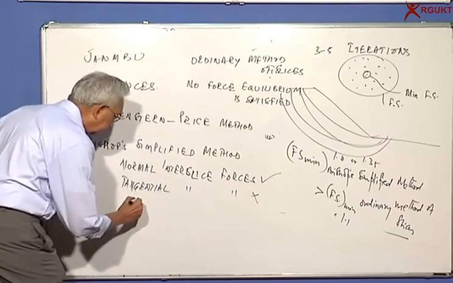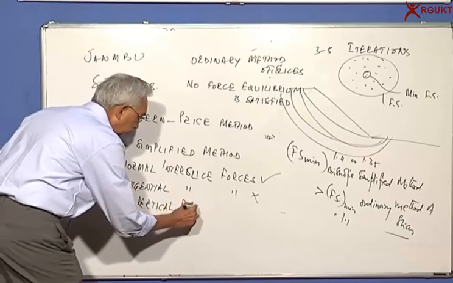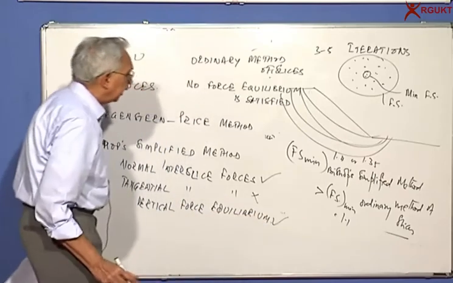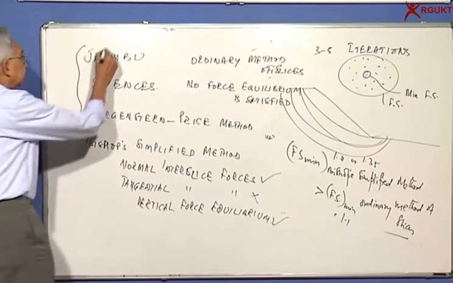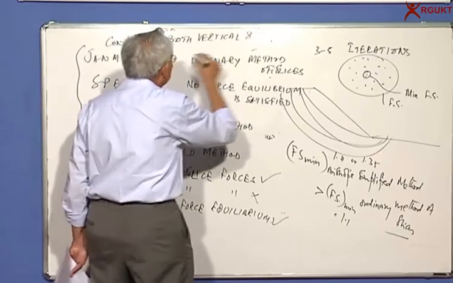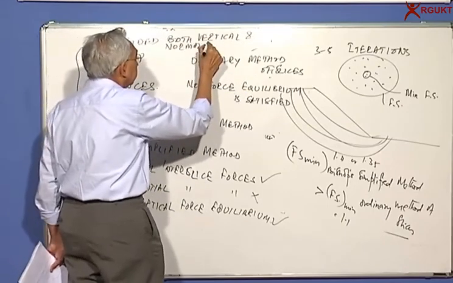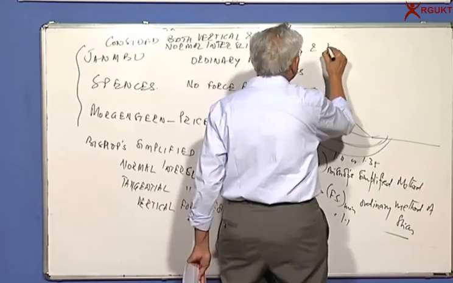Plus, we also consider vertical force equilibrium. So this is a good thing, and so you get a much better result. Whereas these consider both vertical and normal interslice forces and equilibrium equations.